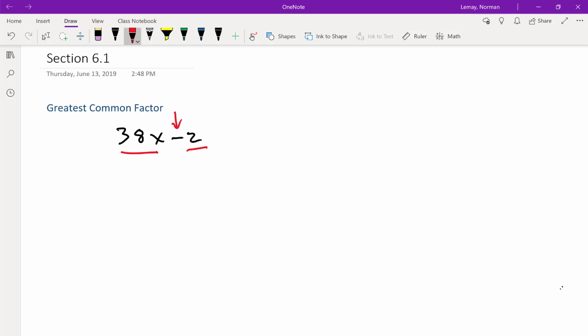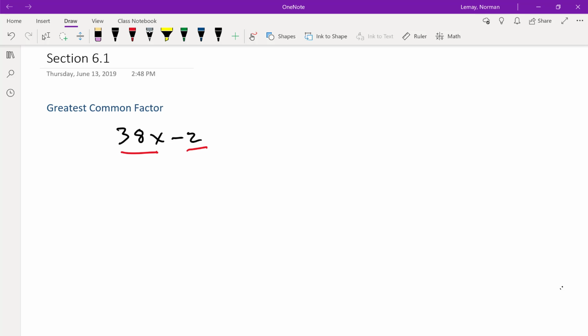So the question is, what is the largest number, or what is the largest letter? And if there's more than one letter, what are the largest letters that we can pull out of each term? Hopefully we can recognize that there's only a letter here and no letter here, so there are no letters we need to concern ourselves with.